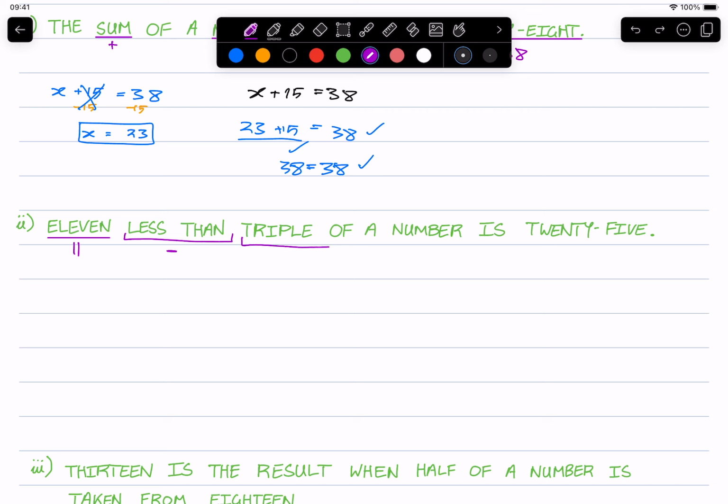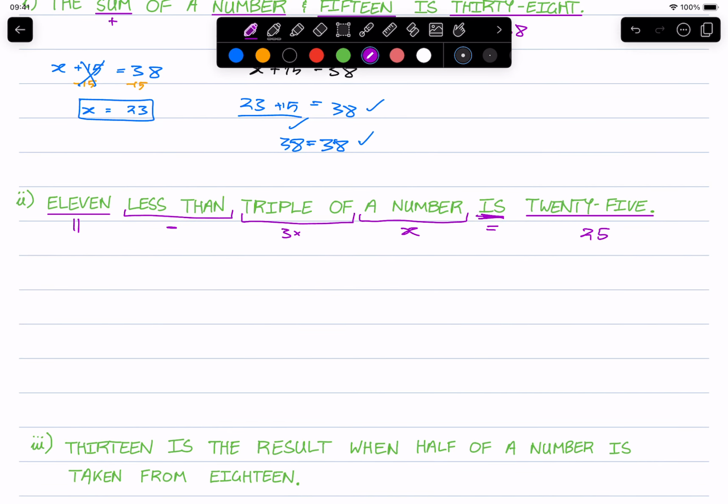So triple of, I know that means to 3 times. So we triple something, and it says a number. And once again, we don't know what this number is. It's going to be x. Is, as we saw in the previous one, is our equals. That's equal to 25.